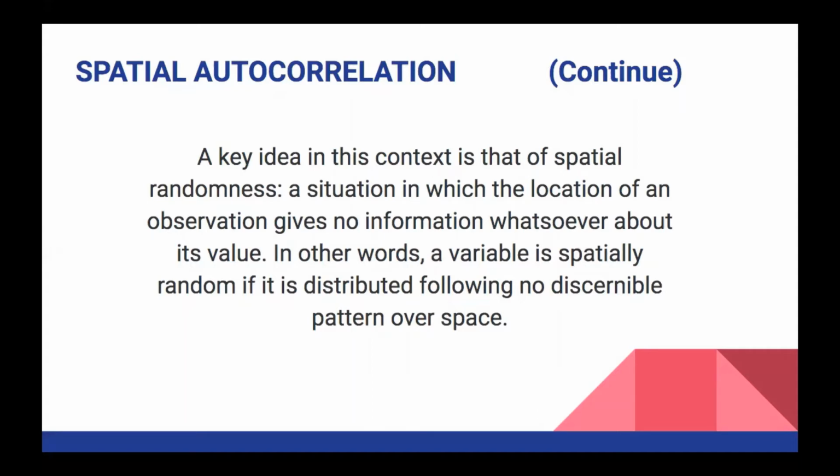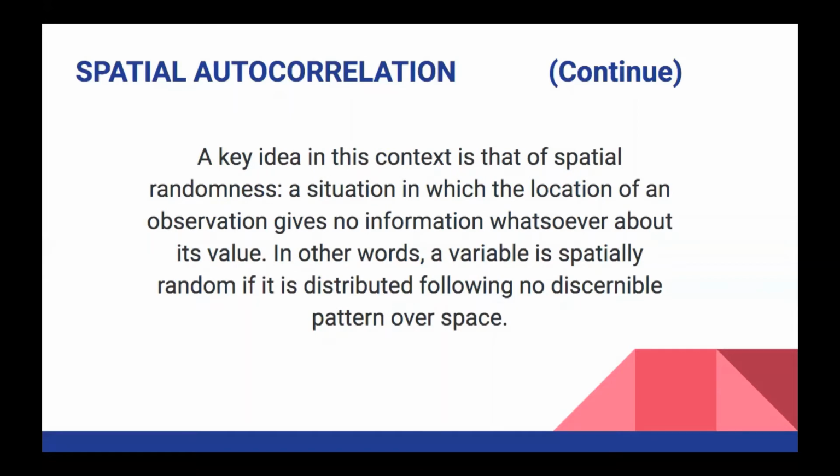That is a situation in which the location of an observation gives no information whatsoever about its value. What spatial autocorrelation will help us to check is whether the data we have are just randomly distributed, or whether they have any spatial correlation with the location.